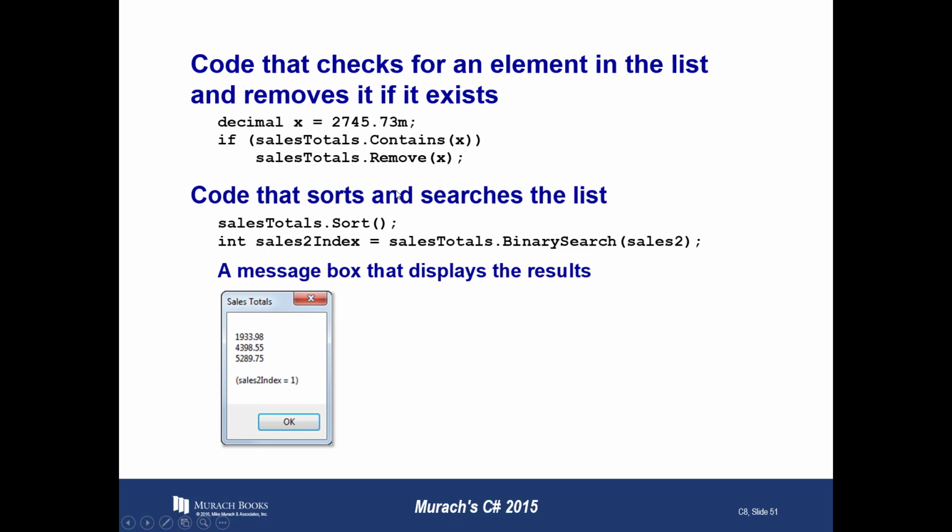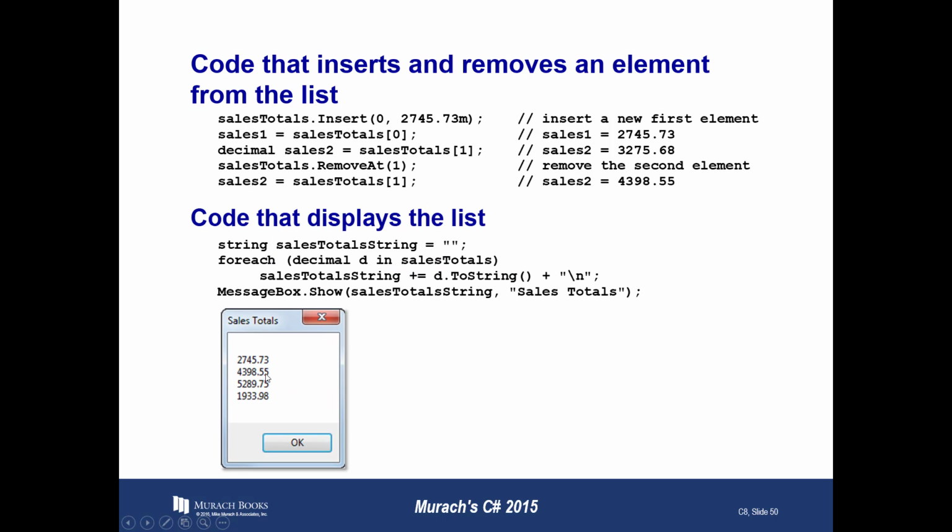Code, as it says, you can check to see if something is in a list. So notice there are 2 things that are happening here. This first line is seeing if sales totals contains x, which is this. It does, so it'll tell it to remove it. Here, if you look, we had values. They're not in any kind of order, then they're in the order we put them in.